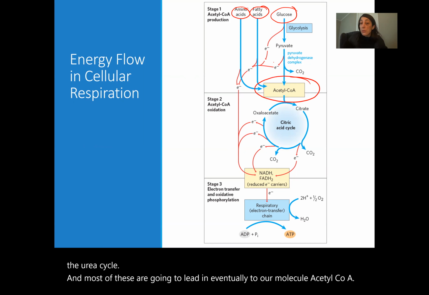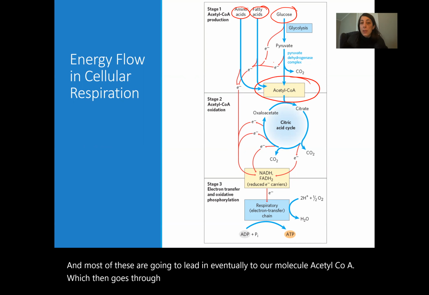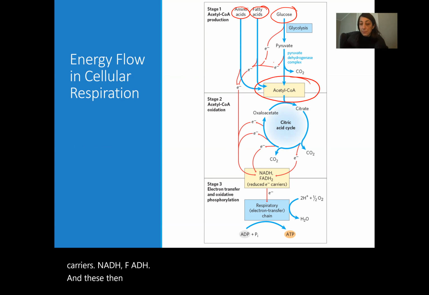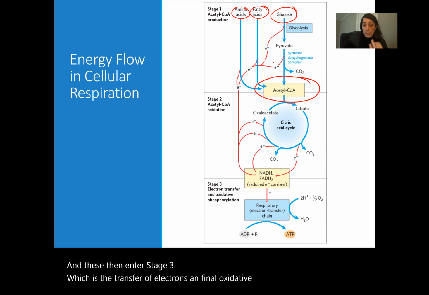which then goes through stage 2, which we've talked about, oxidation of acetyl-CoA via the citric acid cycle. This produces even more energy electron carriers, NADH, FADH2, and these then enter stage 3, which is the transfer of electrons and final oxidative phosphorylation to produce ATP.